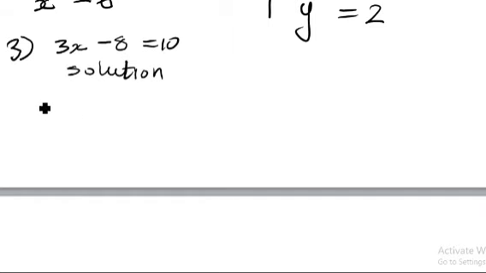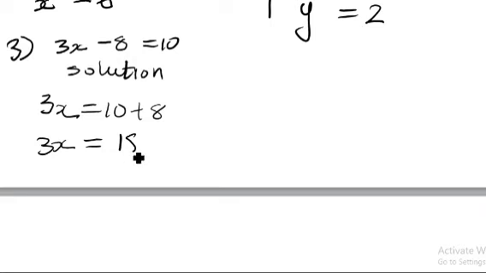So I have 3x equal to 10 plus 8. 3x is still untouched, 8 plus 10 is 18. Therefore, divide both sides by 3: x equals 18 over 3, which is equal to 6.